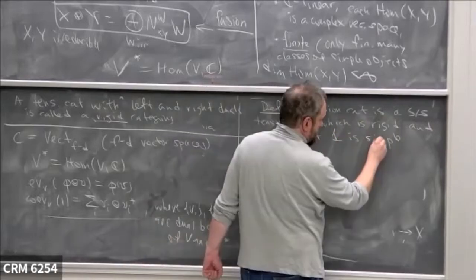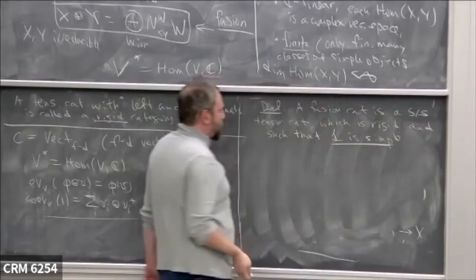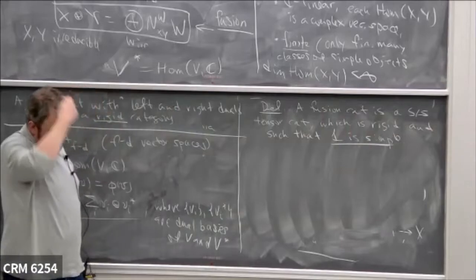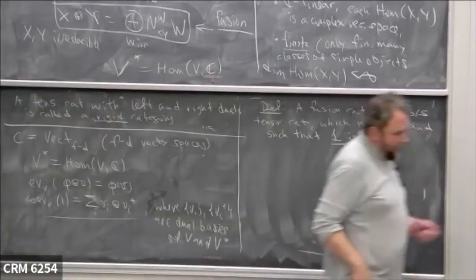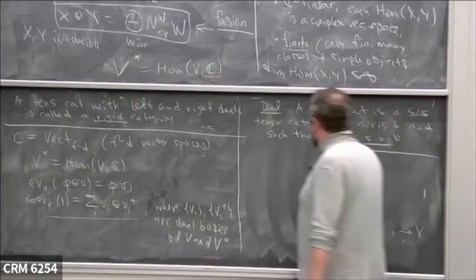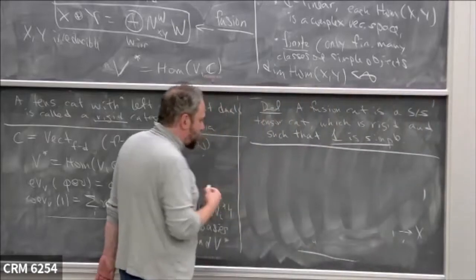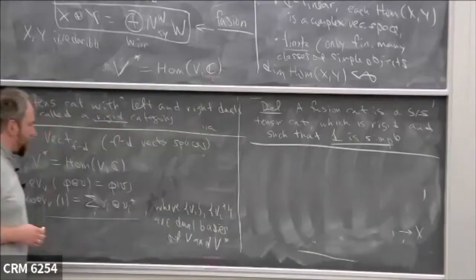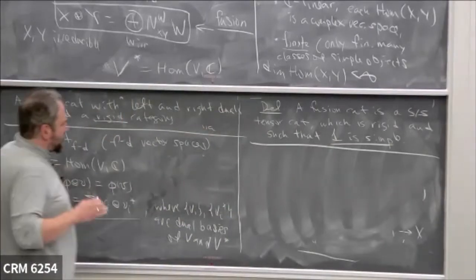is simple. If this condition is dropped, then the category is called a multi-fusion category, which can also be studied equally well. Now, I already mentioned some examples, and there will be many more, but for today I will be content with elementary examples.